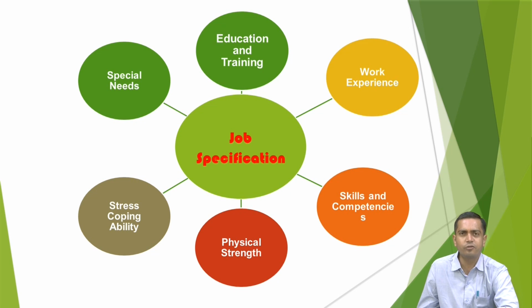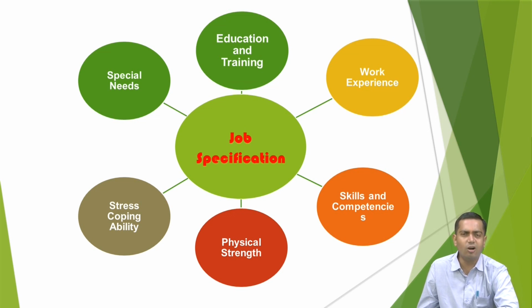They don't want graduates from other disciplines, but if a person has done BBA as an undergraduate, then he would have that priority. Then physical or mental strength, as I told you, work experience if it is required, what level of stress handling capacity you possess, extraordinary needs if there are any, or specific skills and competencies.